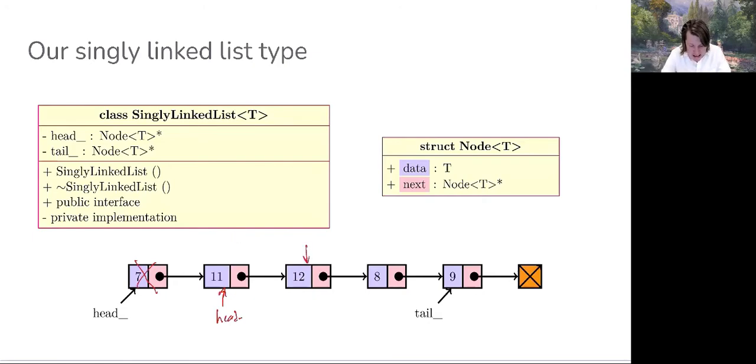Because again, once we deallocate head, we wouldn't be able to access head's next. So we're preserving the address stored within this pointer here. So we continue this process of moving head forward, followed by next forward, and we keep doing this until head's equal to the null pointer, right?